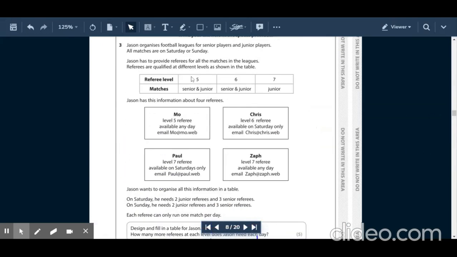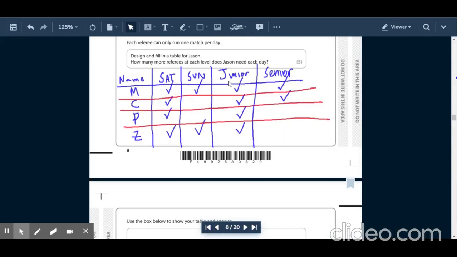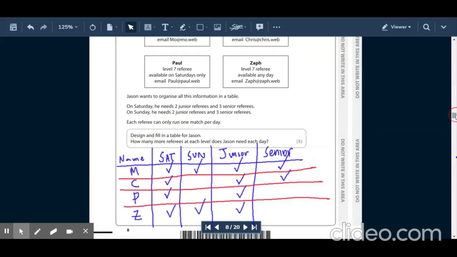So I've gone back up to this little piece of information here. And I've ticked for junior and senior. Just to double back, that's Saturday and Sunday. And then the junior senior I've ticked depending on their refereeing level. So this is fine for the table. You could have done this in loads of different ways. As long as you're showing the information that they want you to, that's fine.